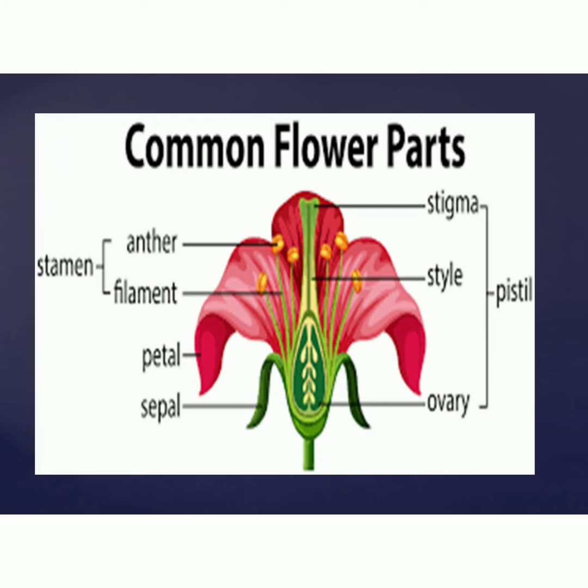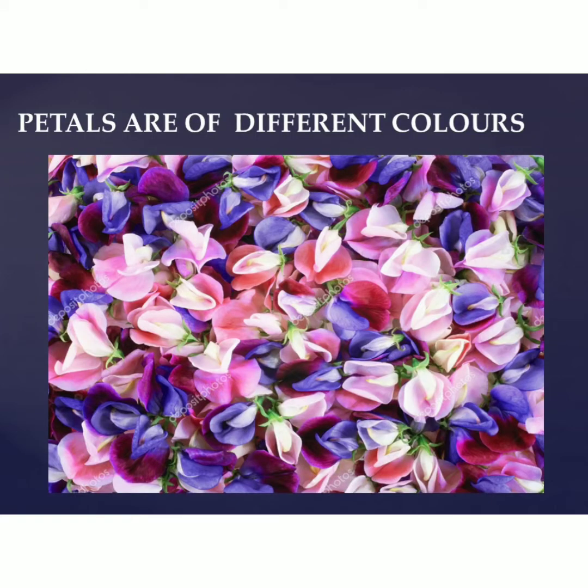It is known as a gynoecium and it has three parts: the stigma, the style, and the ovary. The pink part of this picture is the petal, which is making the flower look more beautiful. The sepal is green in color and it helps to protect the flower when it is in the form of a bud. Petals are of different colors.